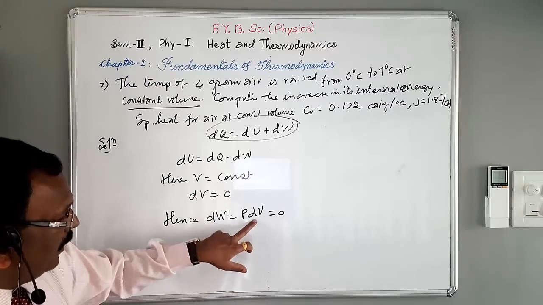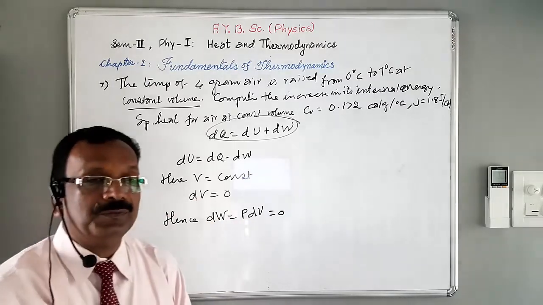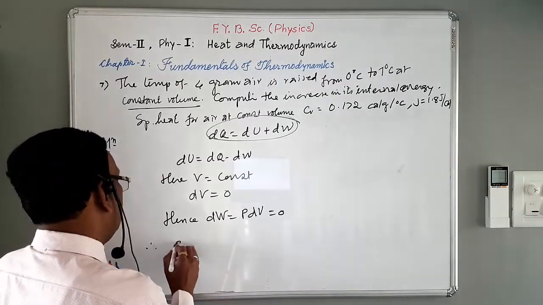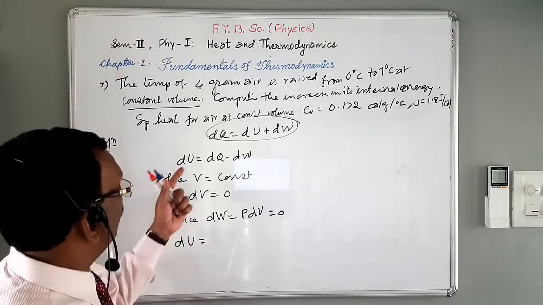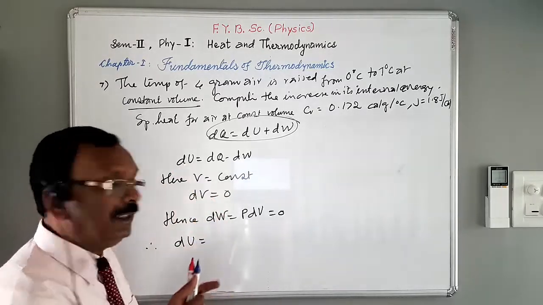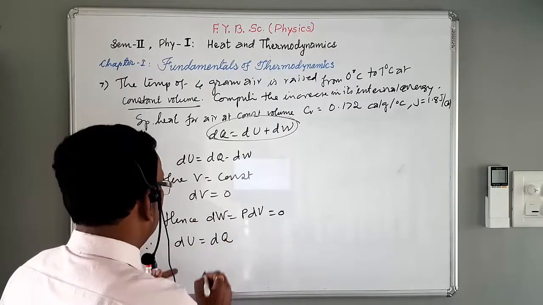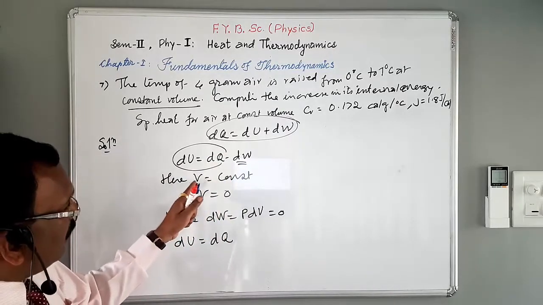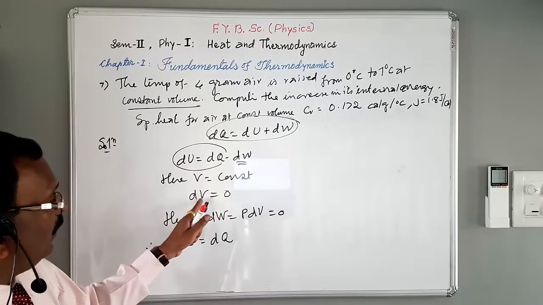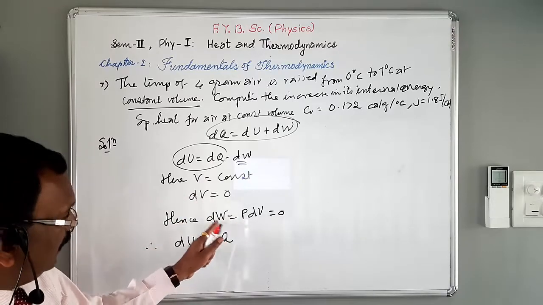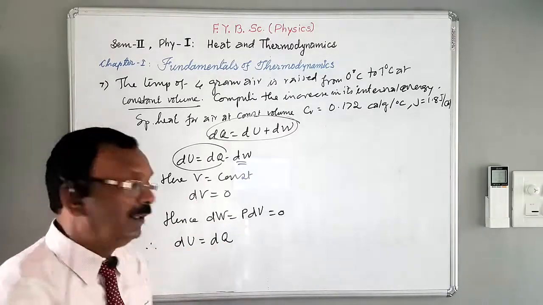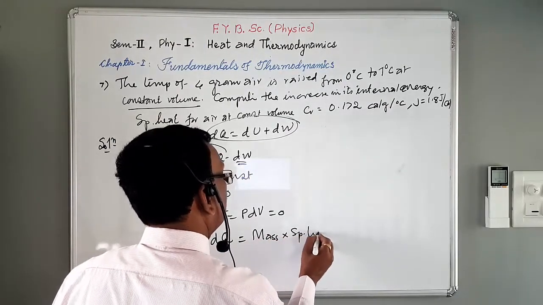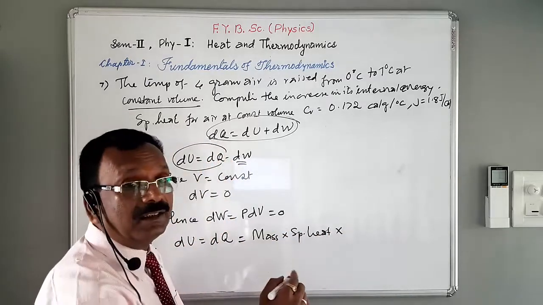Therefore dU is equal to dQ, because dW is 0. Why is this 0? At constant volume, change in volume is 0, and then work done is 0. Therefore dU is equal to dQ, and this is nothing but mass into specific heat into rise in temperature.